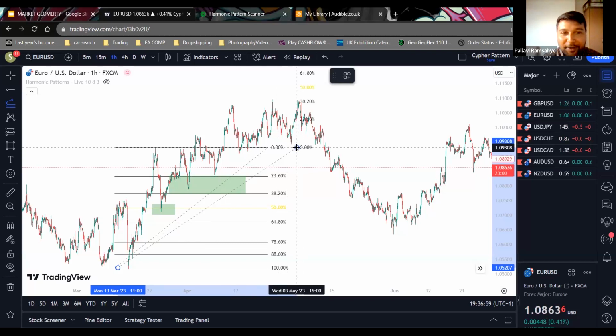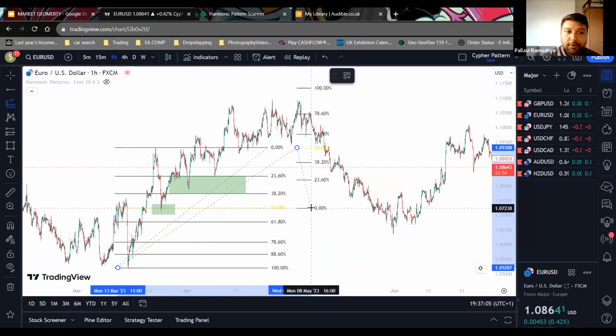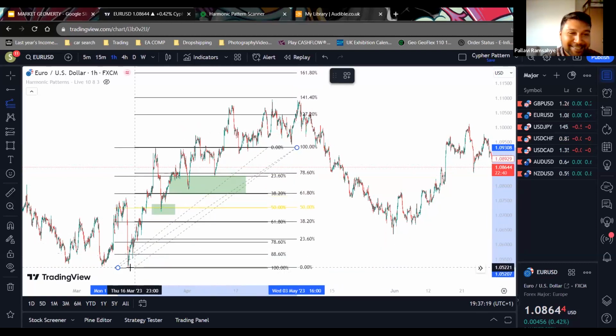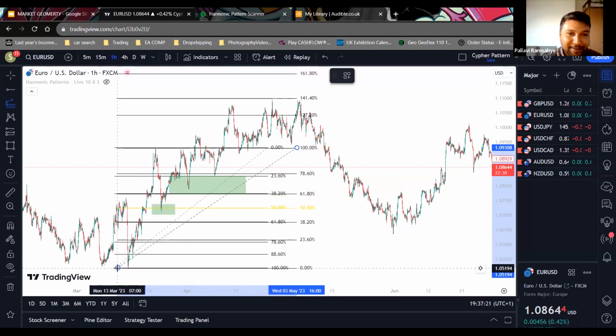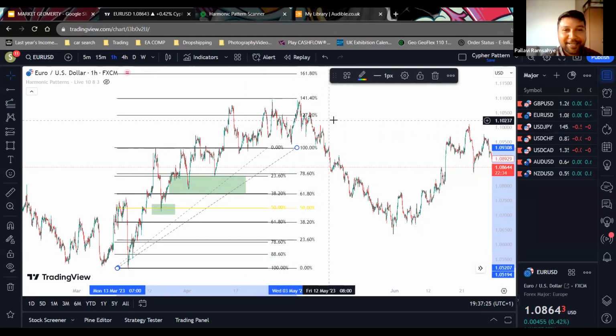Does anybody remember where the third placement goes? Does it go back to the previous low, or does it go to the retracement? Where does the third placement for the expansion go? Back to the low. Perfect. Somebody's listening. Amazing. Perfect. That's really good.